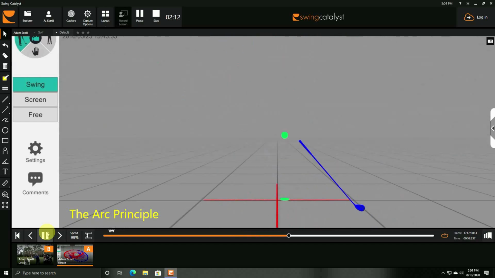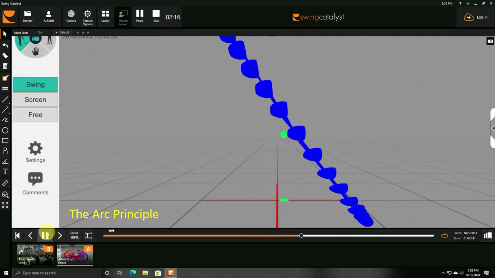Now this would be more of a swing plane view. But obviously it now has height to it as well.